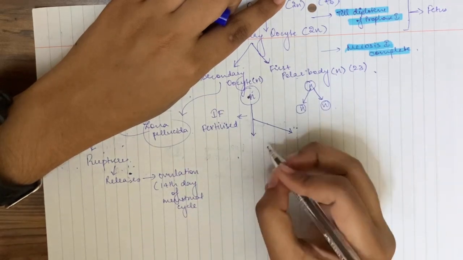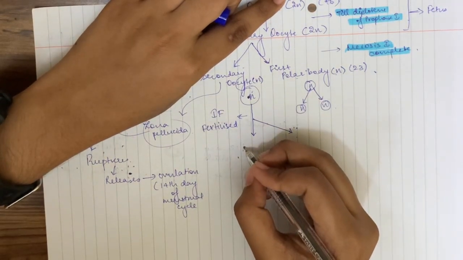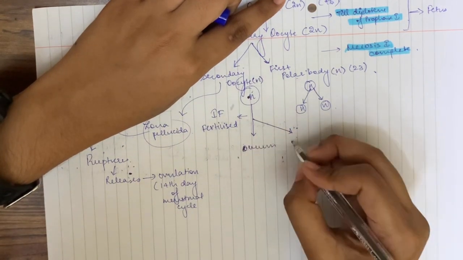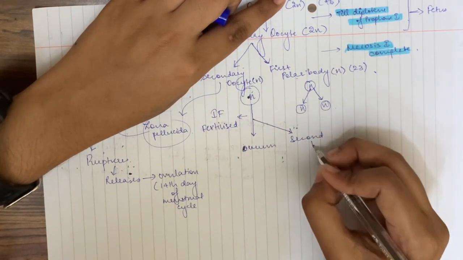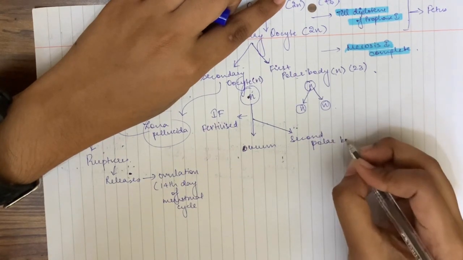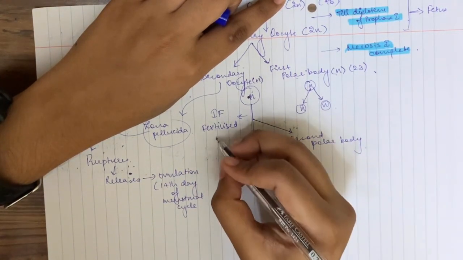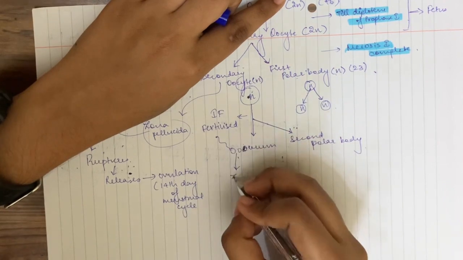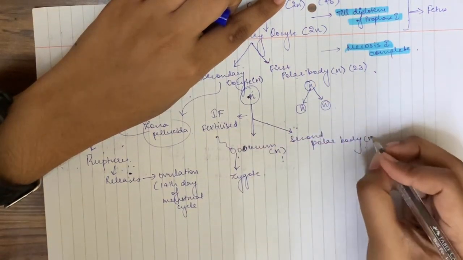If fertilized, that is, if the sperm enters this ovum, then the second meiotic division takes place. Then after the second meiotic division takes place, the ovum is produced, and this ovum is further combined with the sperm to form a zygote.